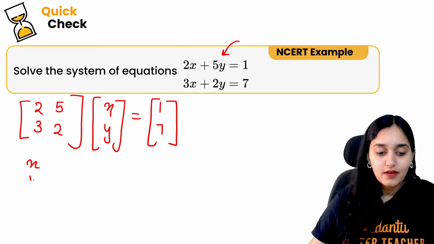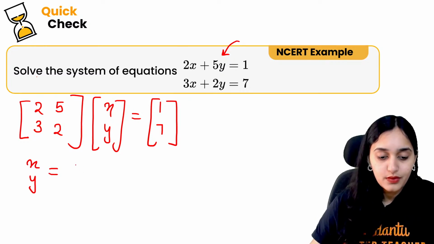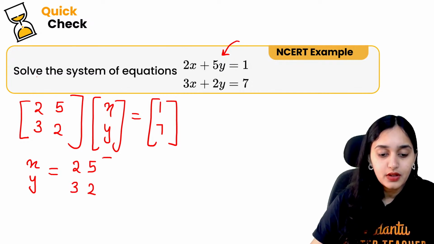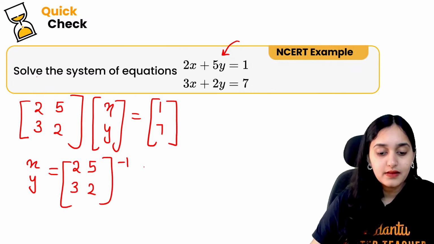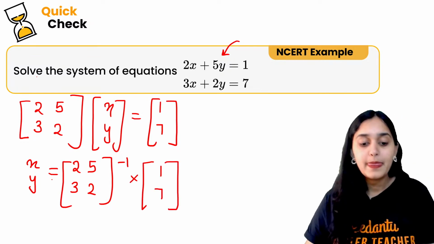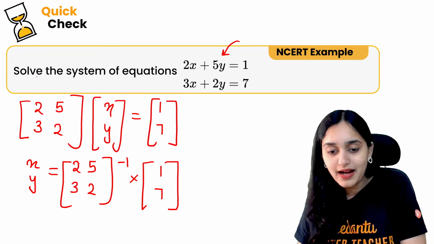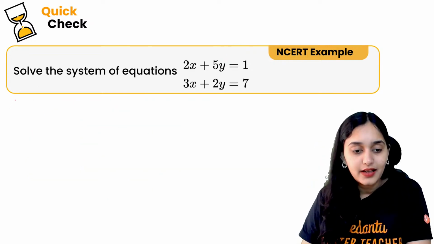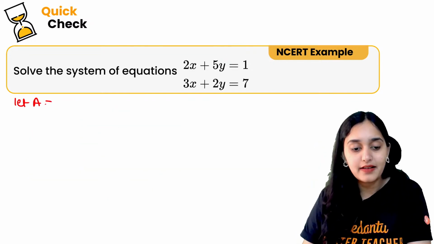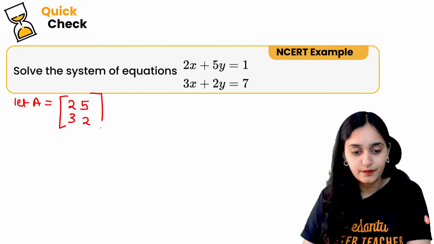So [x; y] will be equal to the inverse of [2, 5; 3, 2] multiplied with [1; 7]. Now how do we find the inverse of this matrix? Pretty simple. Let A matrix be [2, 5; 3, 2].